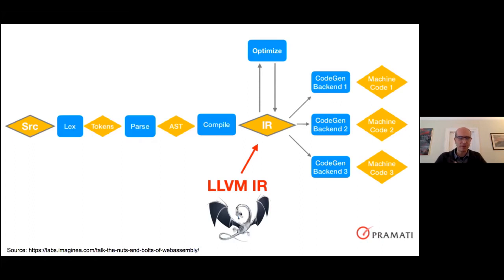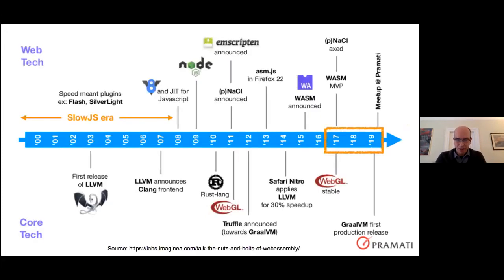And of course, if you've got that infrastructure in place, it's a small step to say, well let's make the web a runtime. And over the course of many years, and this is just a timeline of the last 20 years or so, the move of making the browser a proper computing runtime environment has grown immensely from something that was inconceivable, in the slow JavaScript era of the early noughties.